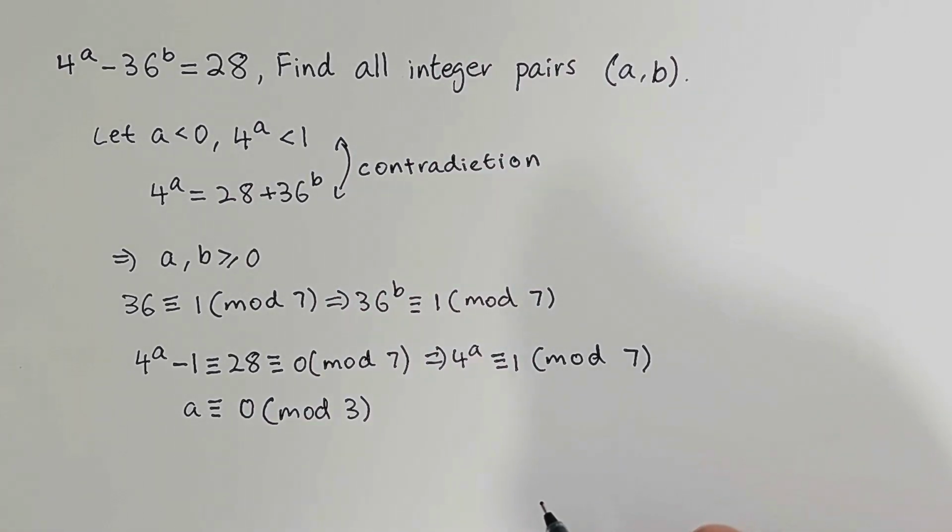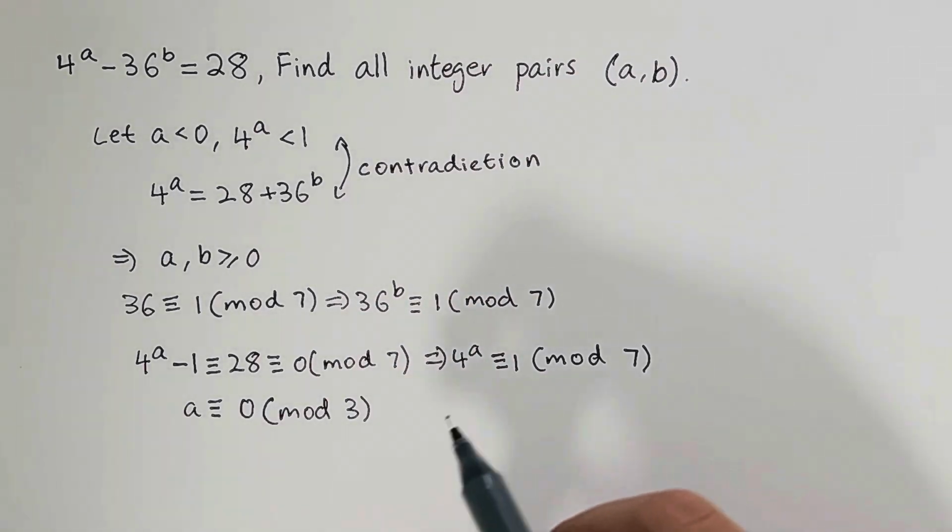To find out how to get b, we have to analyze the powers of 2. We can rewrite both terms in terms of base 2.